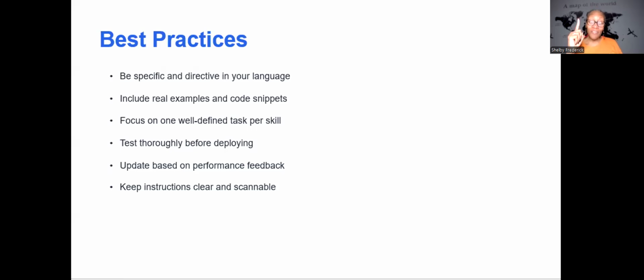So you want to focus on one task per skill, just one, because now it has your undivided attention for that one skill. So if it's a project you're working on, you want to be able to identify and cut that project into sections so that it can focus.